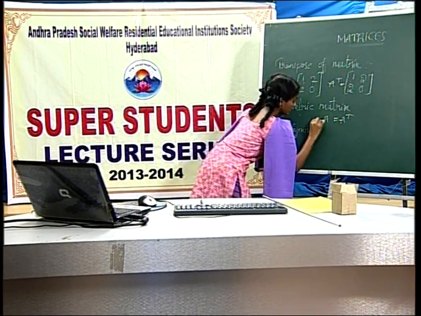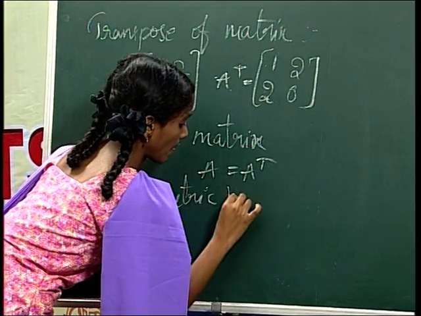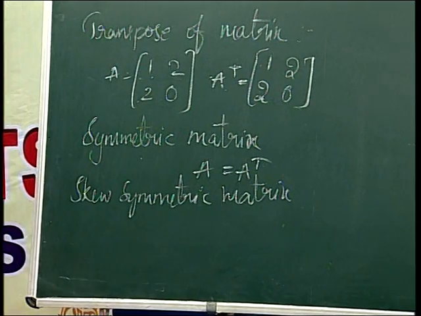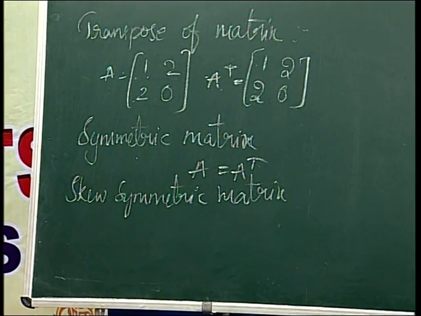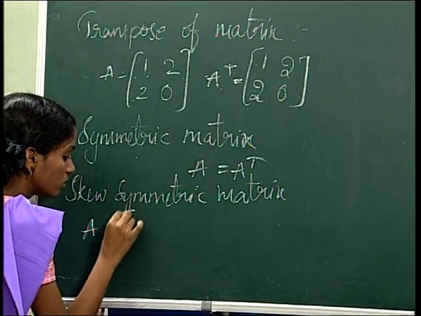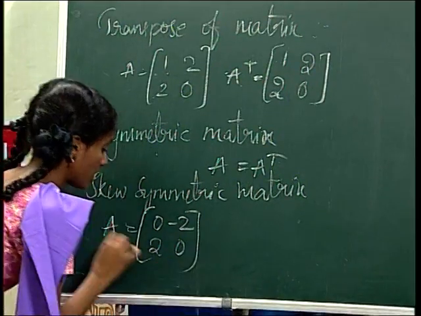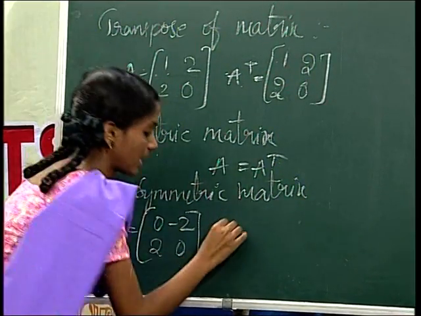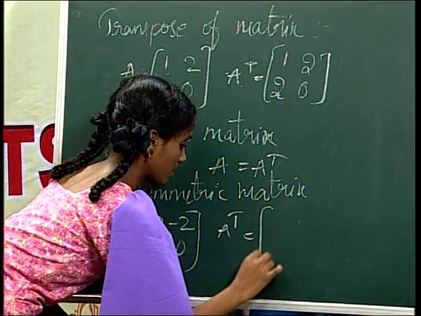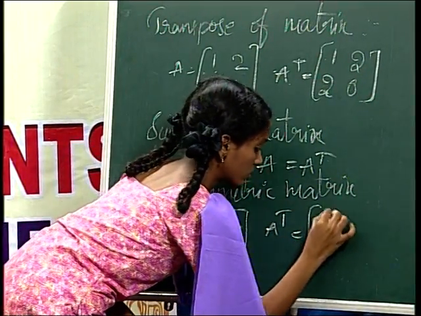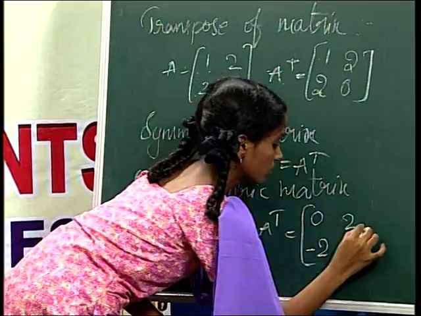And next, skew symmetric matrix. What is a skew symmetric matrix? In a skew symmetric matrix, if the transpose of a matrix is equal to its additive inverse, it is a skew symmetric matrix. For example, A equals 0, minus 2, 2, 0. This is A. We have to find A transpose. What does it become? In A transpose, rows must be changed as columns: 0, 2, minus 2, 0.